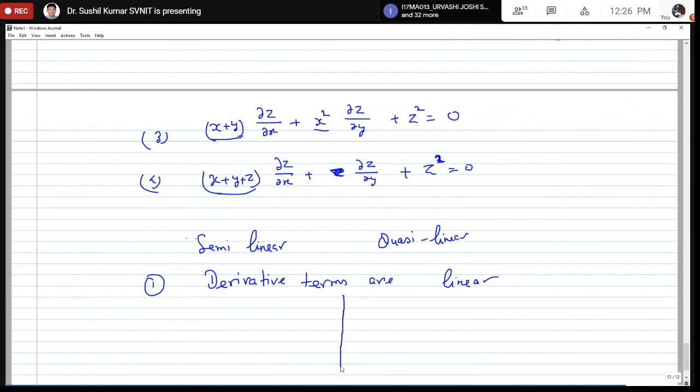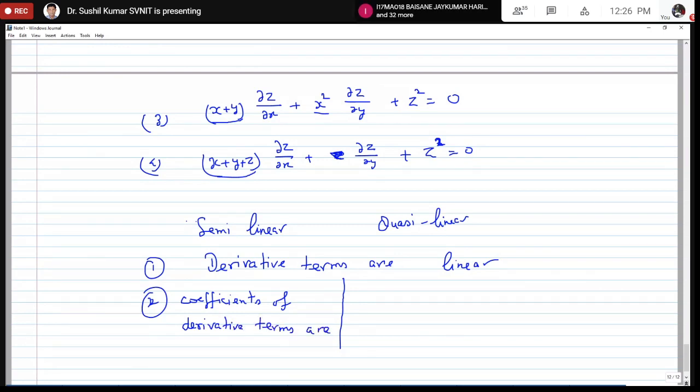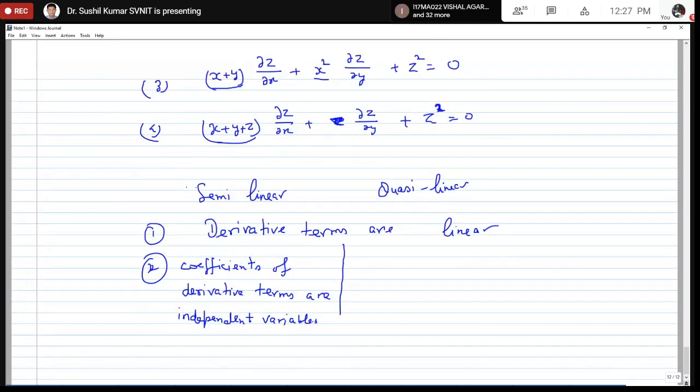But in semi-linear, coefficients of derivative terms are functions of independent variables only, or constant.